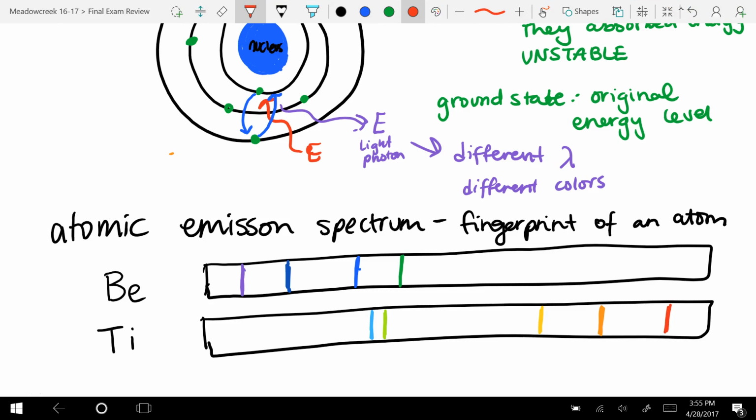So you can see that they're all unique. They have a different number of electrons because they have a different number of protons, and so those electrons absorb energy and can go to different states. They all have different sublevels, energy levels, and orbitals, and they can all move around. That's why it's unique for every single element. So that's the emission of light.